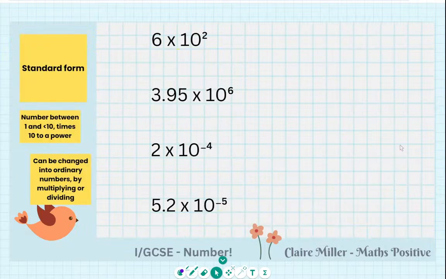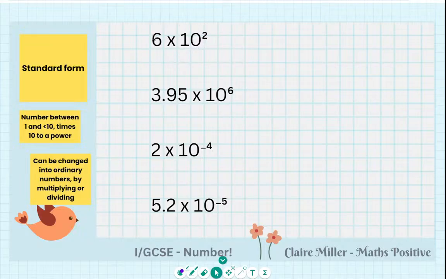Okay, so first, a little bit of a recap about standard form. Standard form is a format that we can give numbers in that makes it easier to compare between numbers. It always has a number that's between 1 and something less than 10, so a number like 6, times 10 to the power of something.